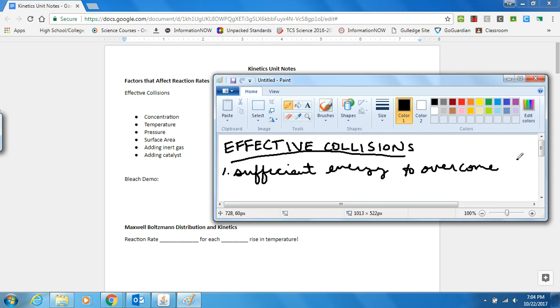And remember, activation energy, I'm going to just say E sub A for activation energy. That is the amount of energy that must be overcome from your reactants to reach your transition state. And when you've reached that transition state, that peak, that's when your reactants can convert to products. So that's the first criterion that must be met. The second criterion that must be met is that you have to have, during your collision, proper orientation.